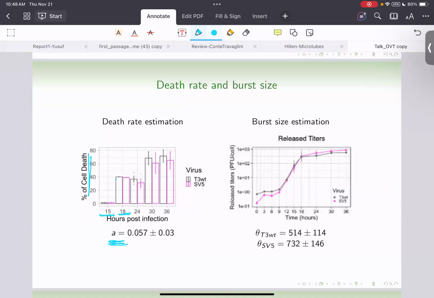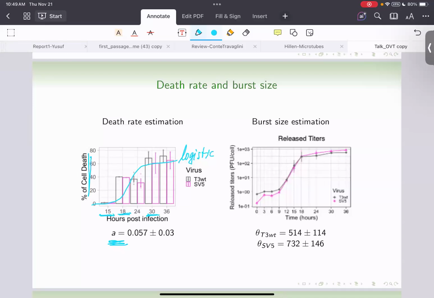At 18 days, there's a big jump and cells start to die. And then at 30 days, there's another jump, which another set of cells die. So we fit this with a logistic function. And we can estimate the death rate, which is at the beginning here between 15 and 18. We can then estimate the death rate to be 0.057, again, per hour.